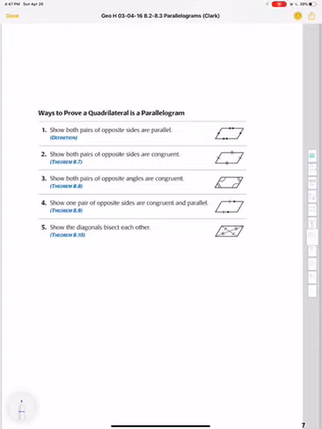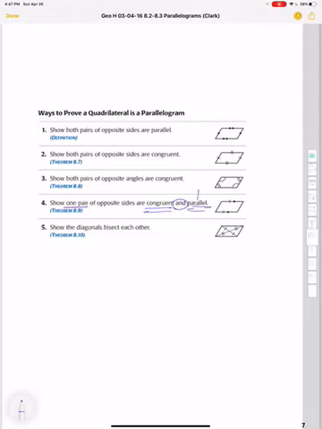If the opposite sides are congruent, it's also a parallelogram. If the opposite angles are congruent, it's a parallelogram. If one pair of opposite sides is congruent and parallel, it's a parallelogram.